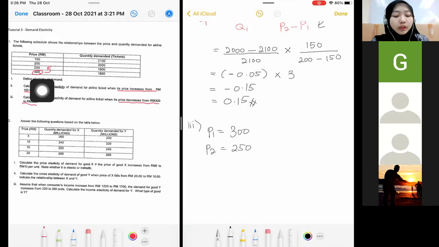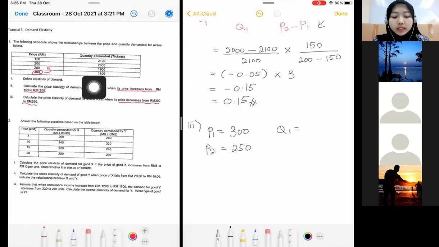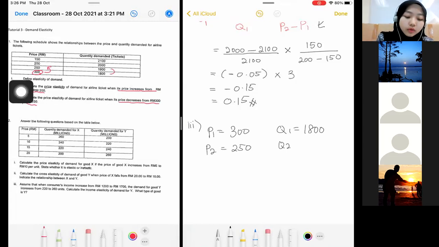Refer to the table: when the price is at 300, your Q1 is 1,800, and your Q2, the new quantity demanded, is 1,900.